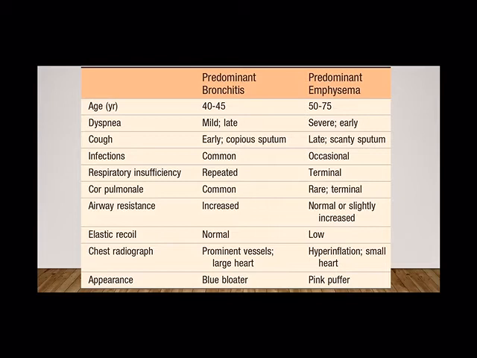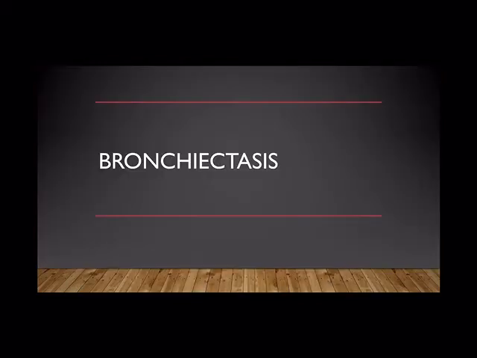So in chronic bronchitis, the carbon dioxide starts accumulating in the lungs. It will lead on to cyanosis. Also, the accumulation of carbon dioxide and cyanosis, all this will give a blue bloater appearance in chronic bronchitis. Okay.